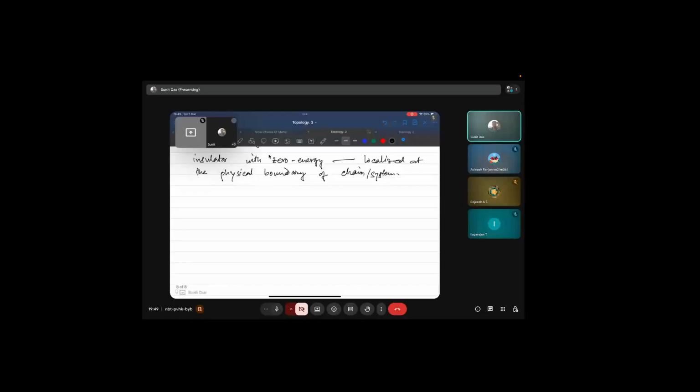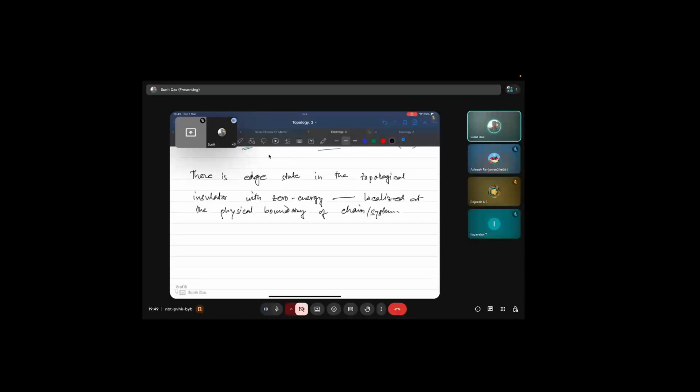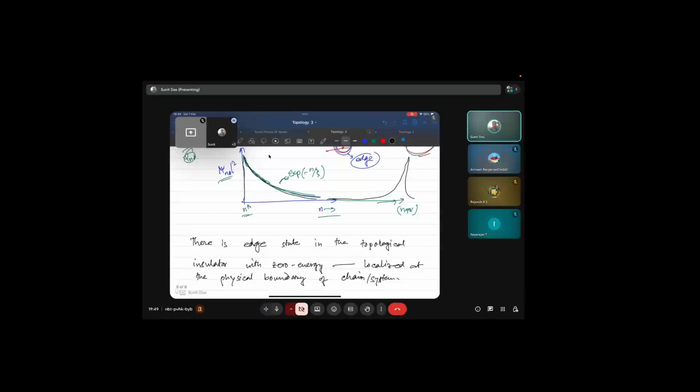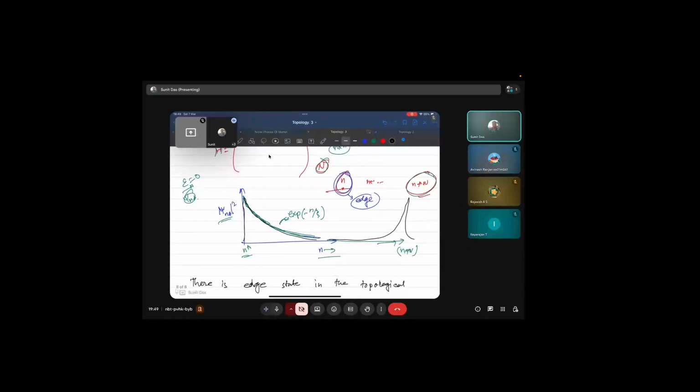Okay, so again we're trying to understand what is the difference between the topological insulator and the trivial insulator. So the trivial insulator does not have any zero energy modes or zero energy states, and this you can again verify numerically. If you plot the case for the trivial insulator, you will not get any peak at the edge. They will be peaked only at the bulk states, but not at the edge state, I mean at the physical boundary of the system.